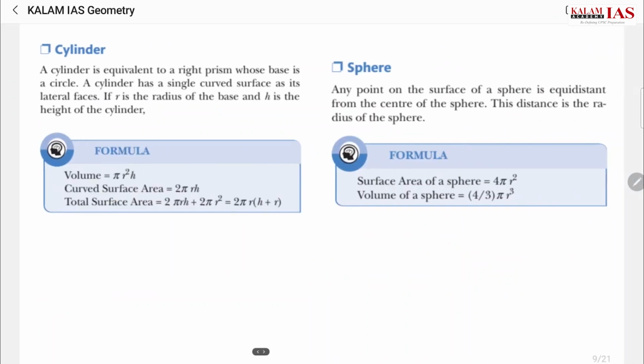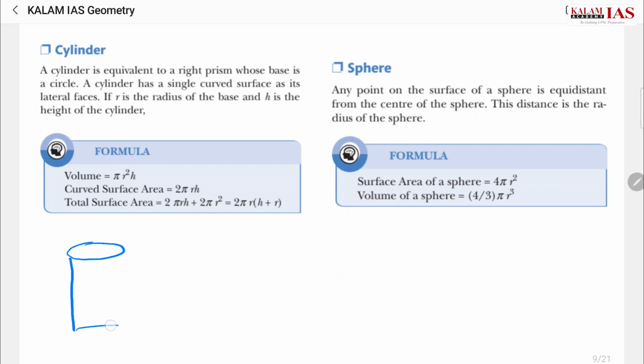Moving on to the next shape, the cylinder. A cylinder is a shape something like this. The radius, the r, is denoted by this. From this point to this point is the radius, and the height of the cylinder is h.